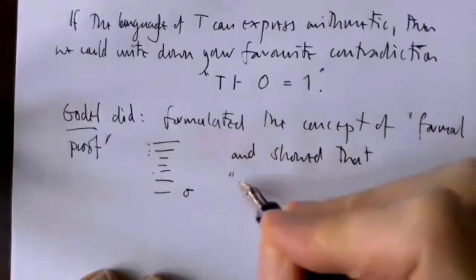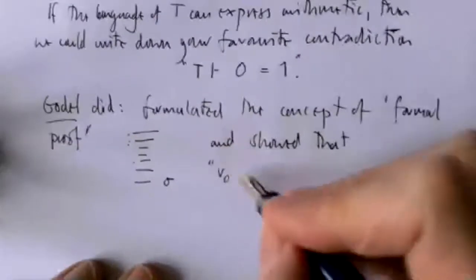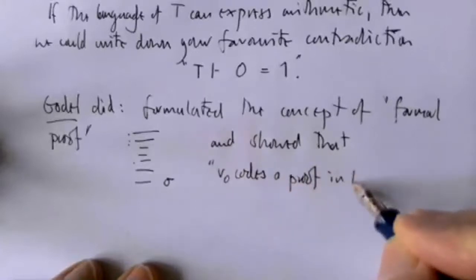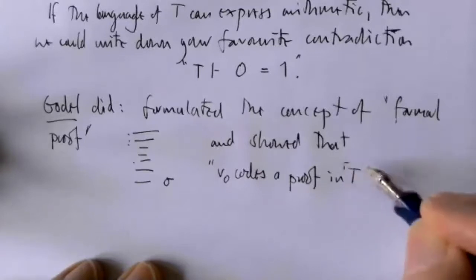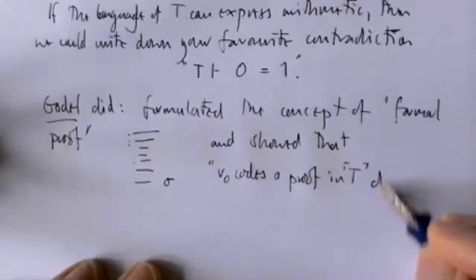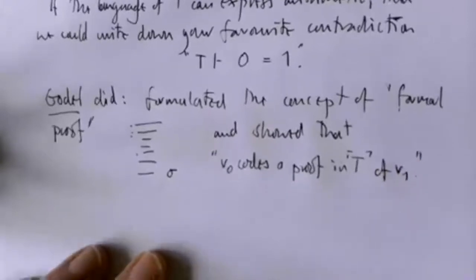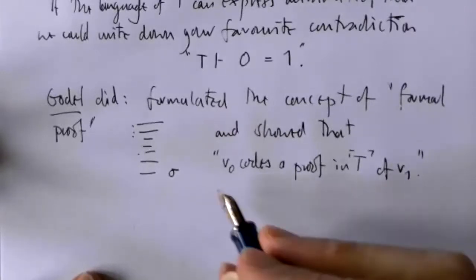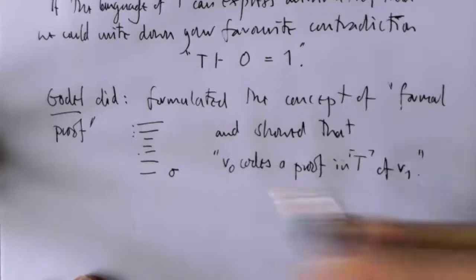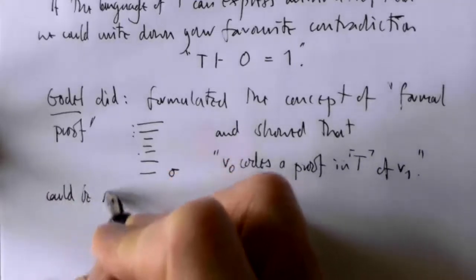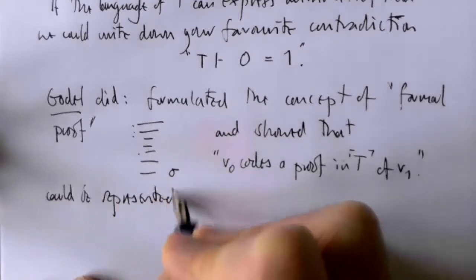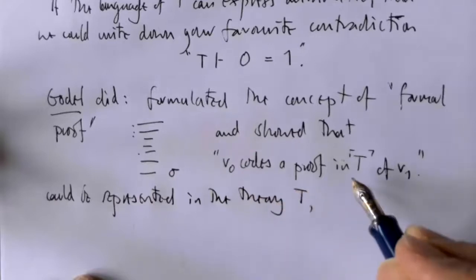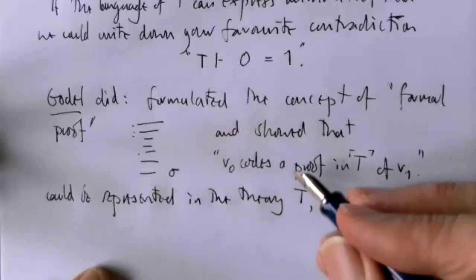And showed that something like V0, the variable V0, this relationship, V0 codes a proof in T of V1, could be given an arithmetic expression, so it could be represented in a theory T, if T could represent enough arithmetic to do all of this coding.